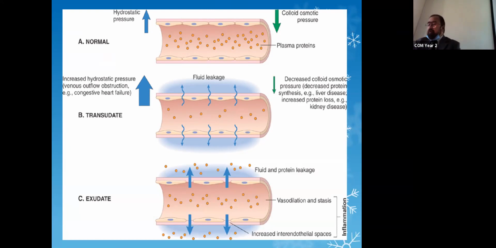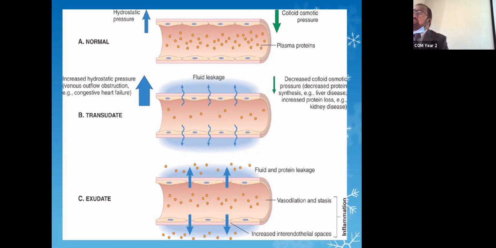On the other hand, if the hydrostatic pressure is normal, but at the venular end there is low protein, because of some liver disease or some kidney disease where the protein is lost through the urine, osmotic pressure is less. So less fluid will be taken back. For example, 1 cc is going out, only 0.5 is coming back, so the remaining 0.5 will be out.